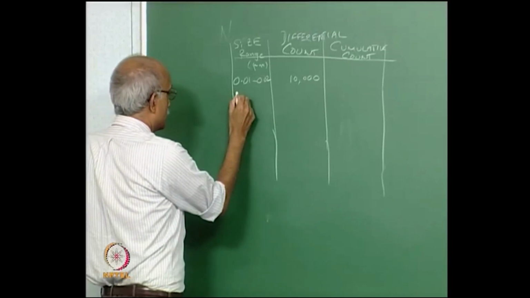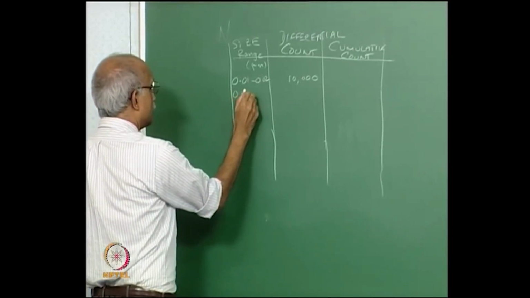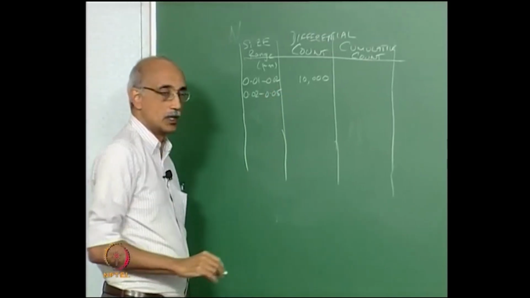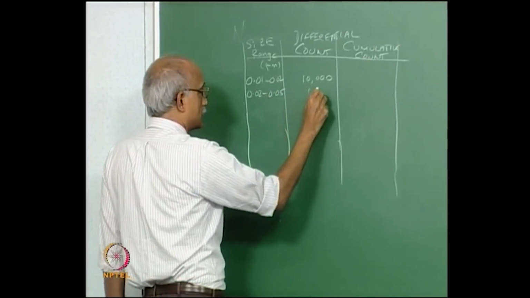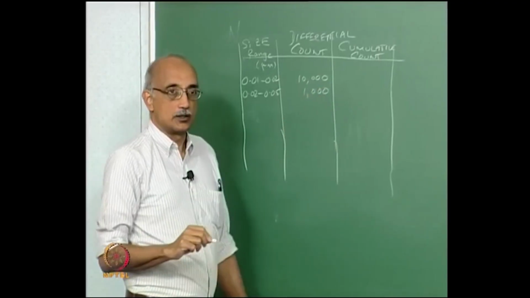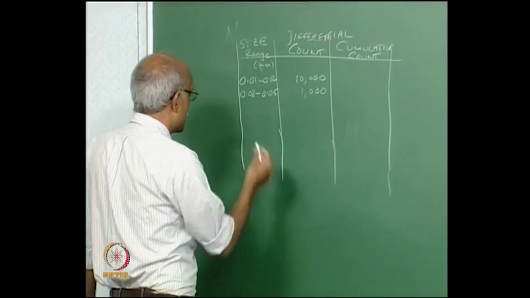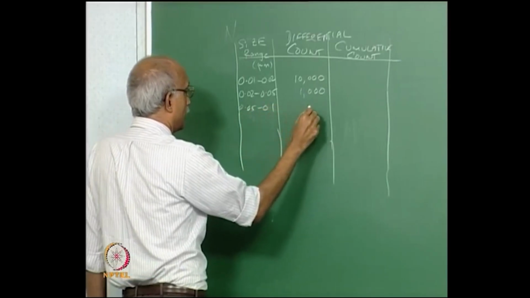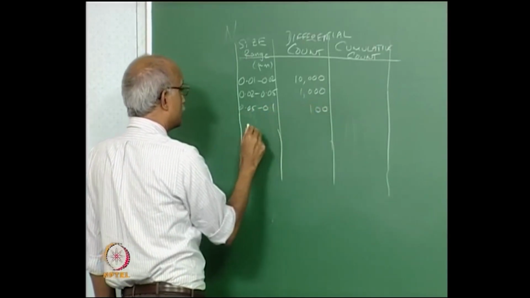The next channel may be from 0.02 to 0.05 microns, and you might find that in this size channel you have 1,000 particles. The next channel may be from 0.05 to 0.1, and you may have, let us say, 100 particles.